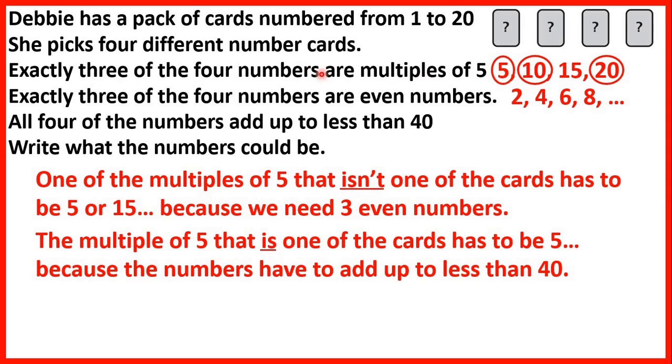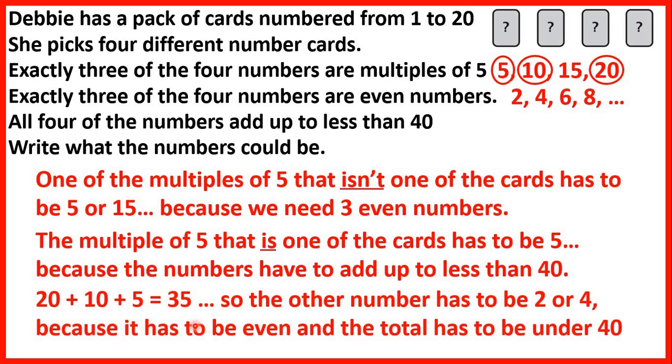So 3 of the 4 numbers are multiples of 5, so that must mean 5, 10 and 20, because they need to add up to less than 40. So now 20 plus 10 plus 5, the numbers that we know she must have chosen add to 35.